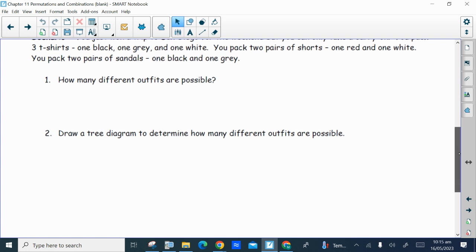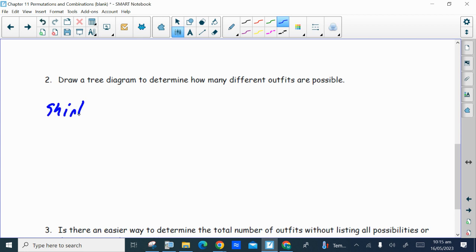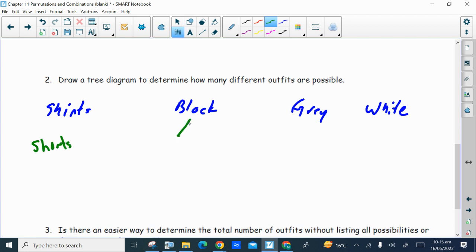So we're going to see there's a couple different ways that we can figure out what that answer is. And one would be by using a tree diagram. So let's start with the shirts. There are 3 options for shirts. There's black, there's gray, and there's white. And for each shirt that a person chooses, there are 2 possibilities for the shorts, either red or white.